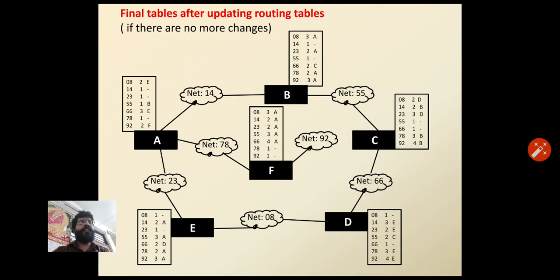If there are any changes, then the routing table is updated again. So here we can see that every router has all the information about the networks.